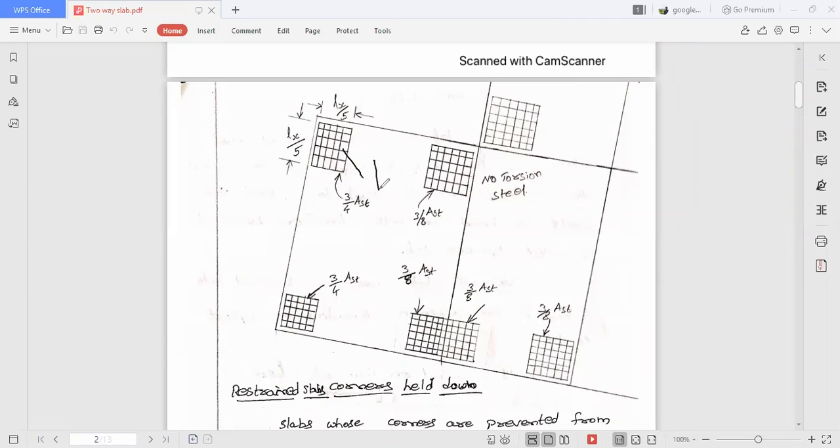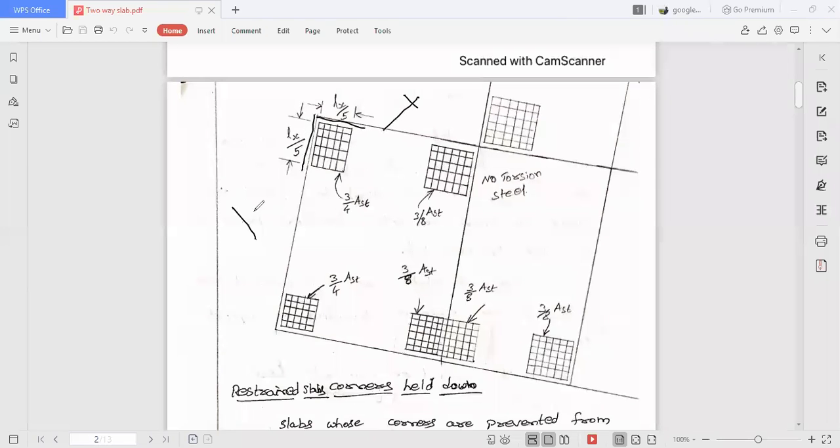Let us assume this is the first part, which is classified as both edges discontinuous, the corner where both the edges are discontinuous. What do you mean by discontinuous? This particular edge is the end of this slab, there is no continuation of the next slab. So for this particular corner, out of these two edges, both edges are discontinuous.